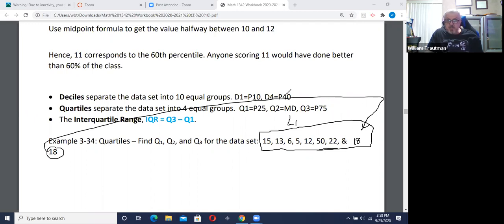So there are 8 pieces of data there. 1, 2, 3, 4, 5, 6, 7, 8. 8 pieces of data. And let me show you how we're going to find Q1, Q2, and Q3.